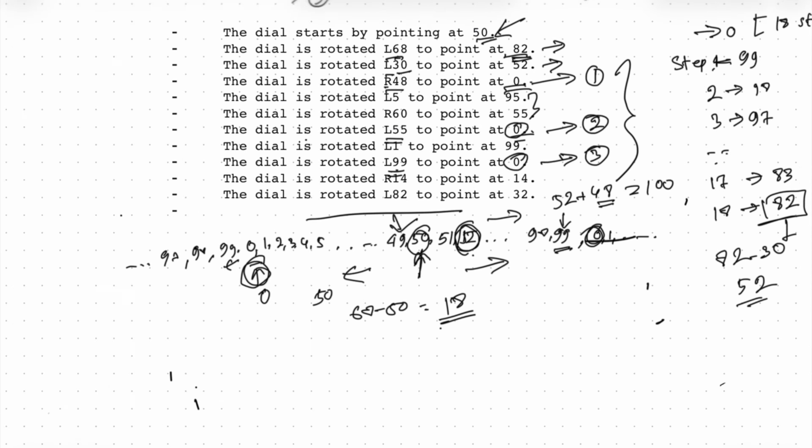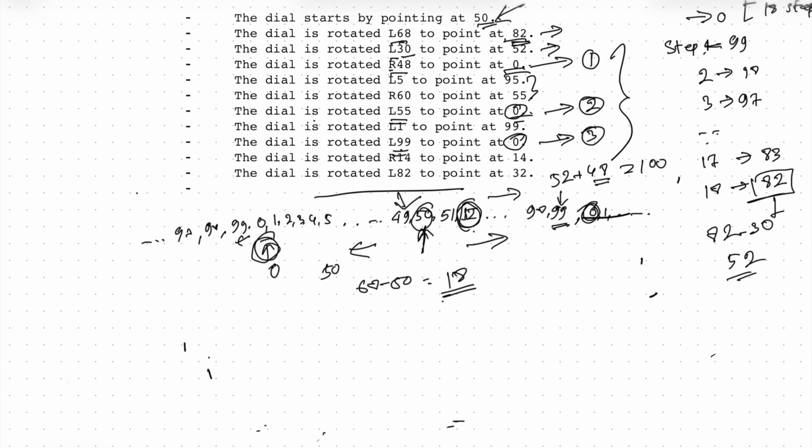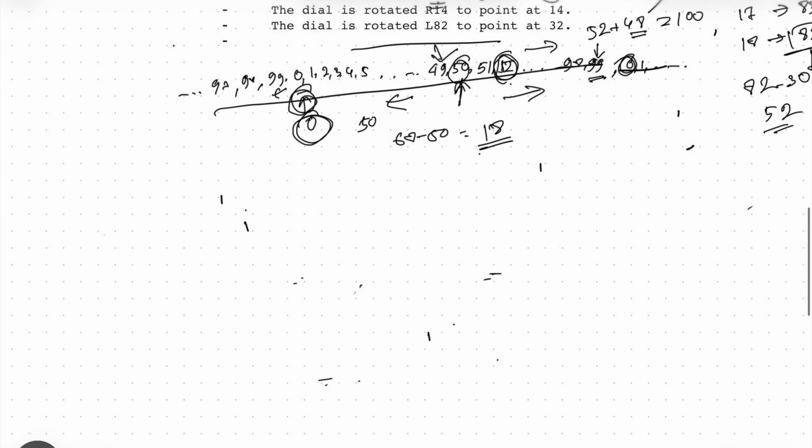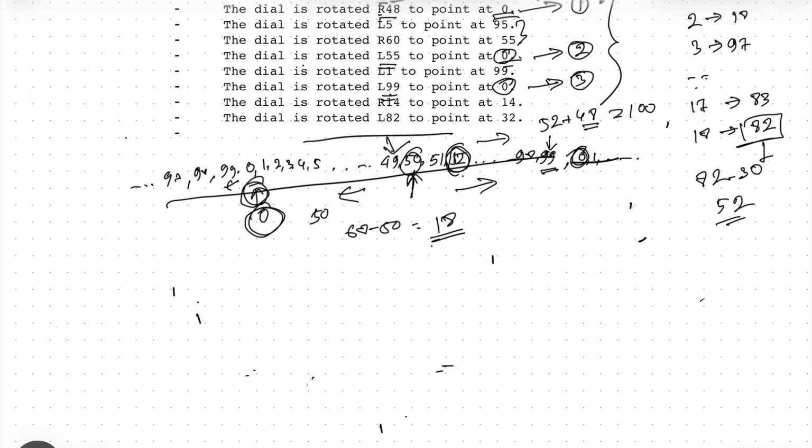Do you remember? Let's move to the notepad, where these are the numbers, these are the points: 99, 98, 99, 0, 1, 2, 3, 4, 5. So after 50 steps, we reached 0. Since we reached 0, we have to increase the count here, right?